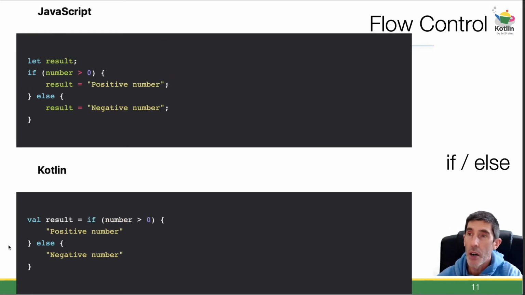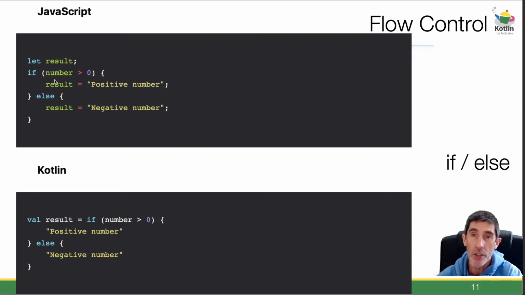In terms of some other little examples, unlike JavaScript and other languages, if is an expression in Kotlin, and it can return a value. So in JavaScript, if we wanted to assign a result value, we would have to say something along these lines: declare it outside the if statement, there's our condition, and then update it inside the matching condition.